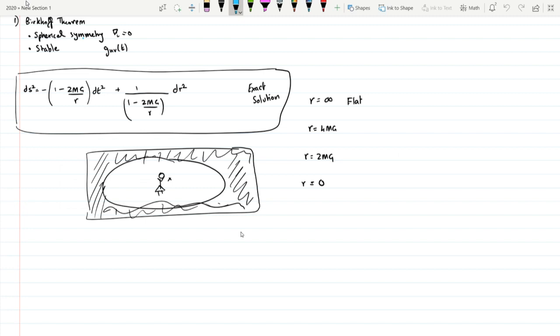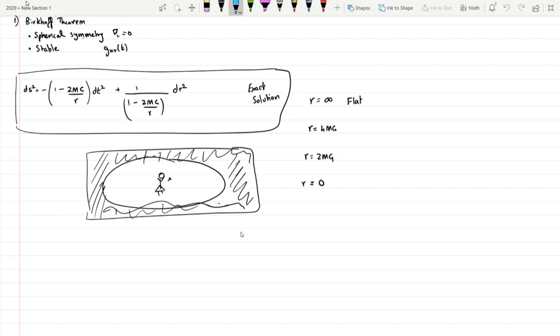At r is equal to 0, what happens to our line interval, dr squared? We have the time, it's infinity. Yeah, but there's also some other weirdness that's happening, for sure. Like time and space don't make sense anymore, but look at something else that's happening.